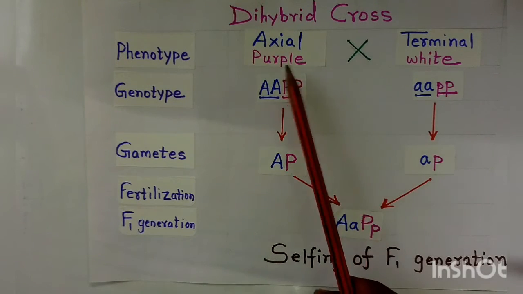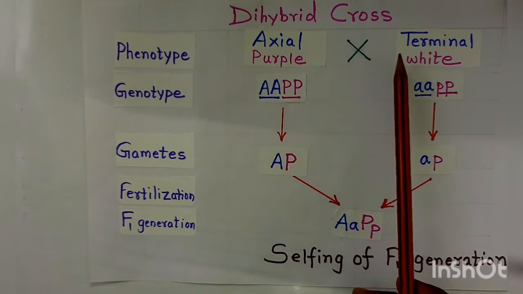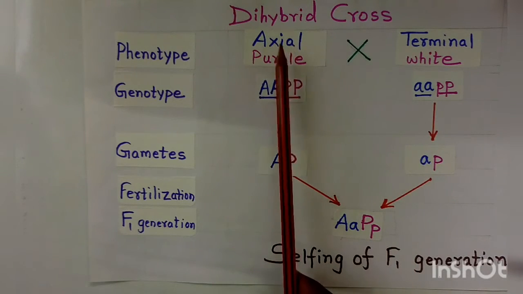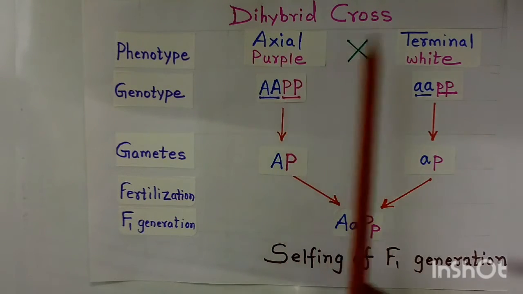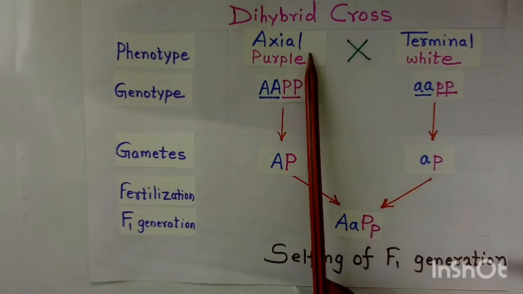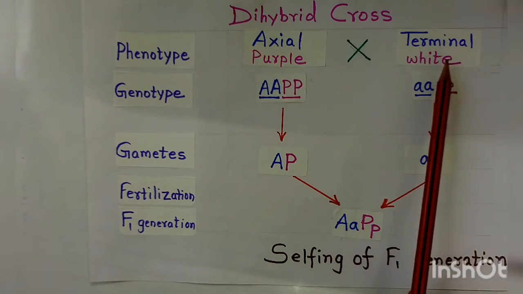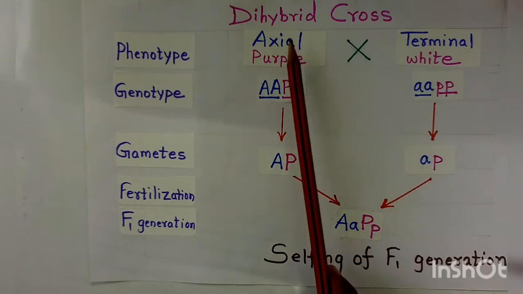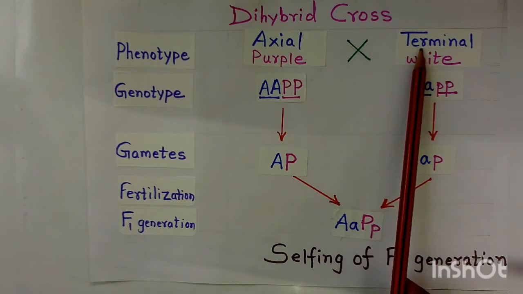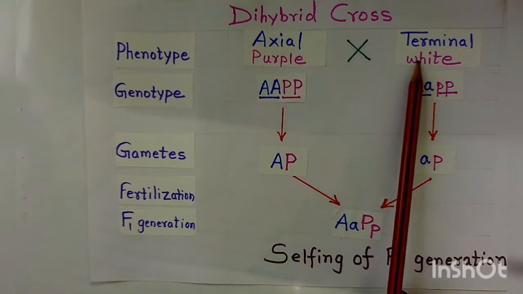So these are the characters that are used. The parents are axial and purple. This is one parent. The second parent, that is the female parent, is terminal and white. Axial and terminal, this is the position of the flower. Purple and white, these are the colors of the flower.